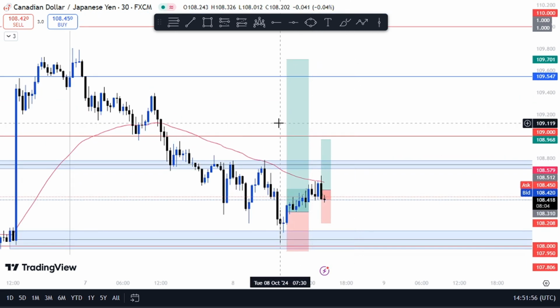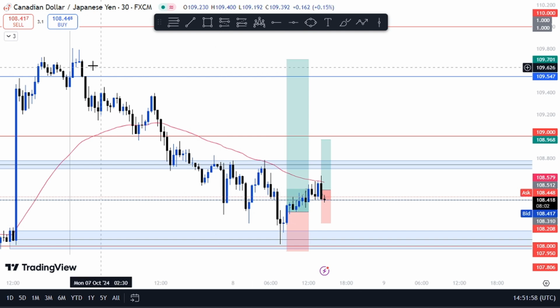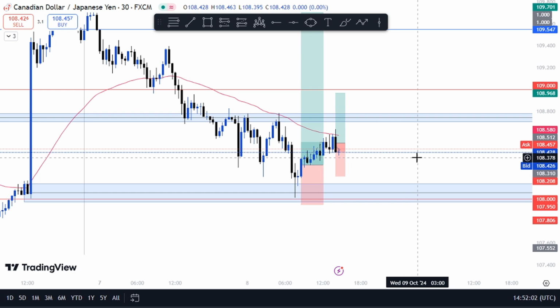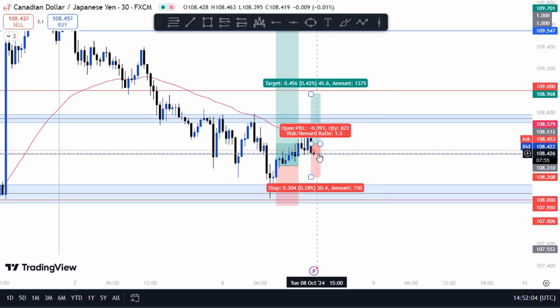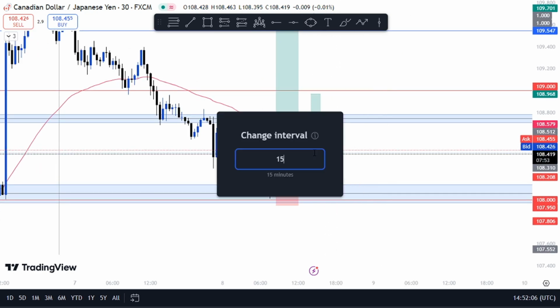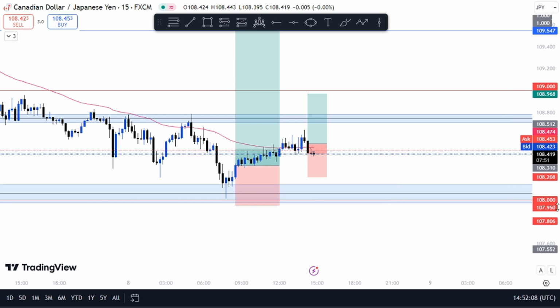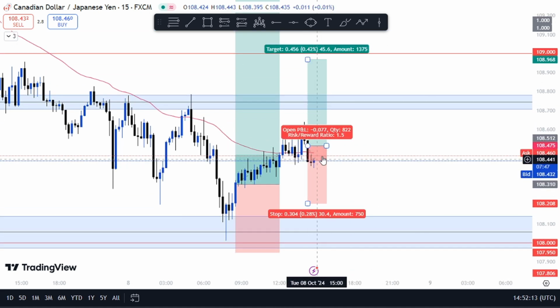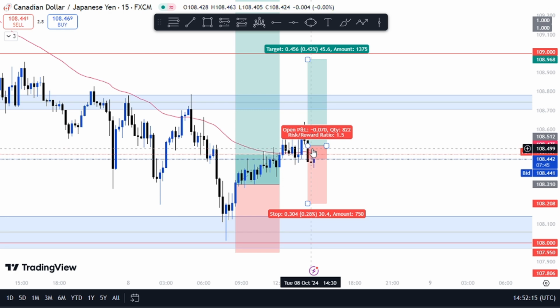I'm still expecting this market to push all the way to the top here, right here, to fill this gap, imbalance that is right there. So this trade, I may probably be taking on the 15 minutes. Okay, what I want to see is an engulfing candle from here, right?